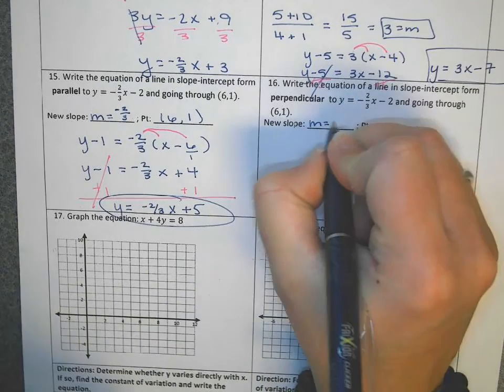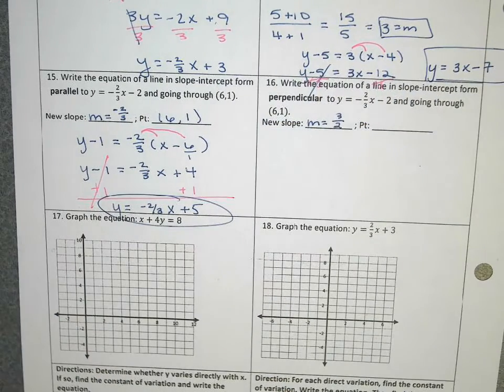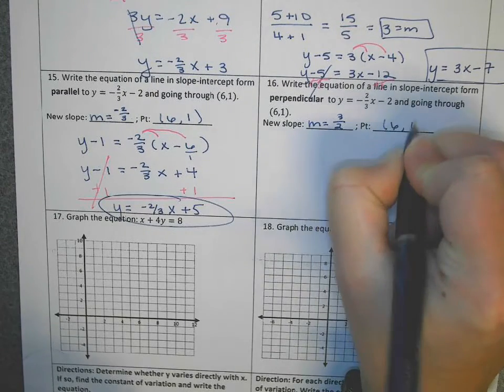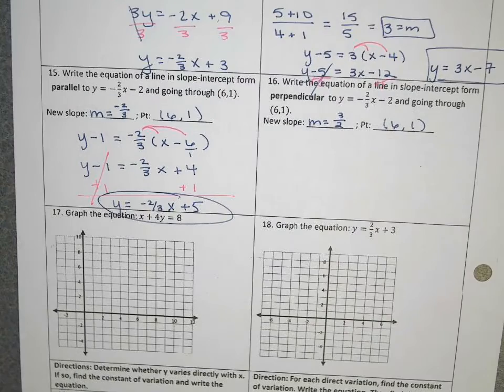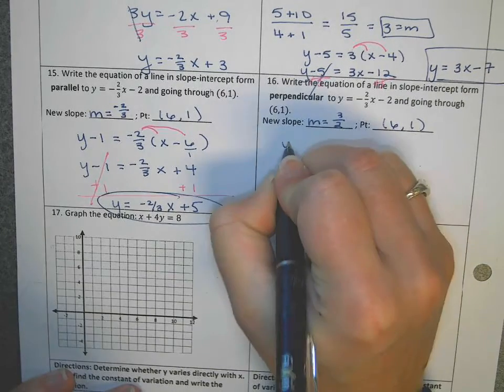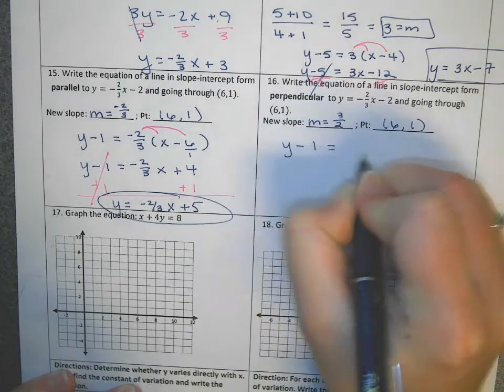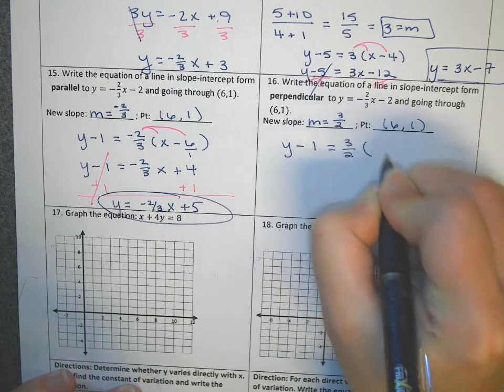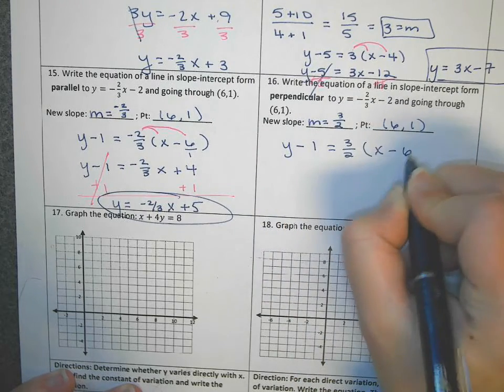Positive 3 over 2. We have to also flip it. What point does it tell you it has to go through? 6, 1. I have a slope and a point. What form do I write it in? Point slope. Very good. Y minus 1 equals your m, which is 3 halves, times x minus x1 is 6.